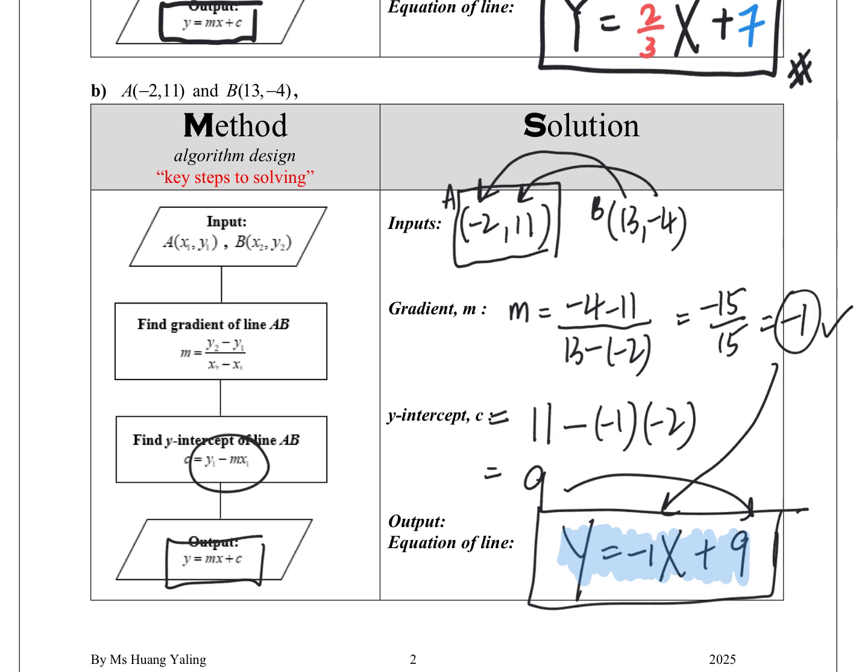Okay, repeat for CDE. So after a while, the whole flow chart should be in your mind. Then you know how to solve already.